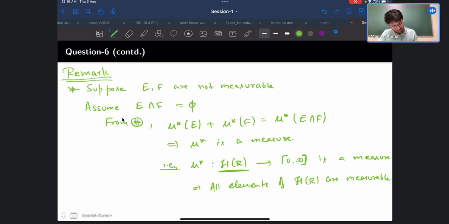That is why you have to assume that one of them should be measurable, otherwise we can arrive at weird situations. This gives a contradiction basically. So we have to assume that at least one of them should be measurable.